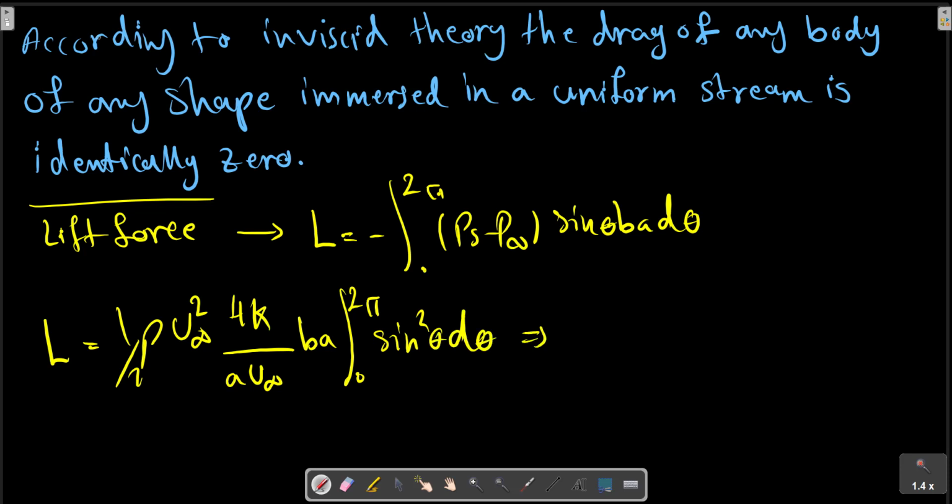So we have this relation for the lift force, with 2 pi b.